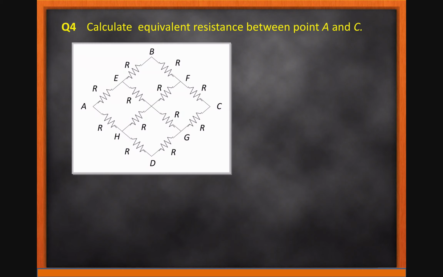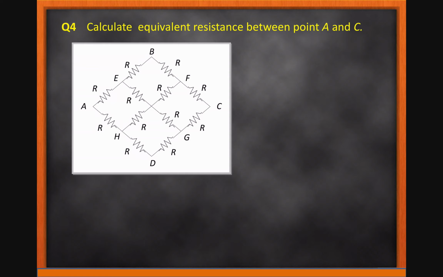Now one more question. Question 4. Calculate equivalent resistance between point A and C. This is a symmetric circuit. We can solve this circuit by so many methods. Now let's see by Kirchhoff.